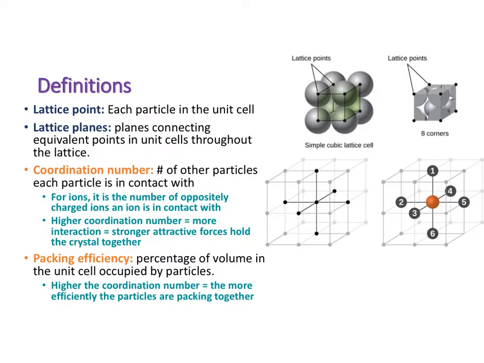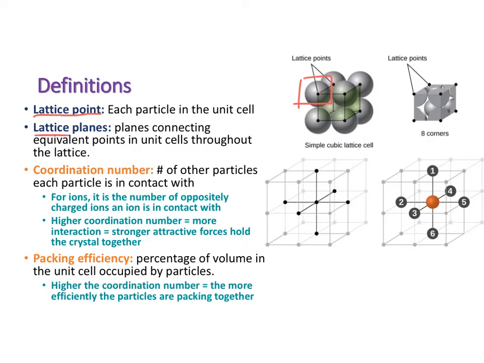Before we move on to learning about the different types of lattice structures, we need to describe some terms. A lattice point, for example, is each particle in the unit cell. Here you can see that at these corners there will typically be particles, so each particle is a lattice point, a corner of that lattice unit cell.